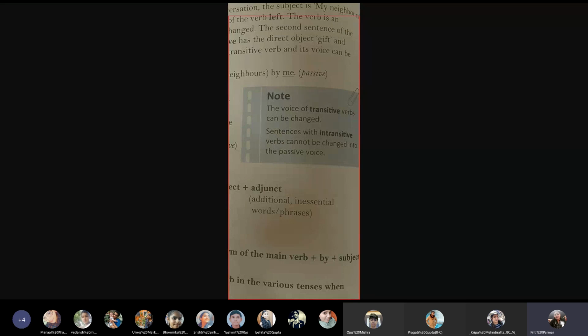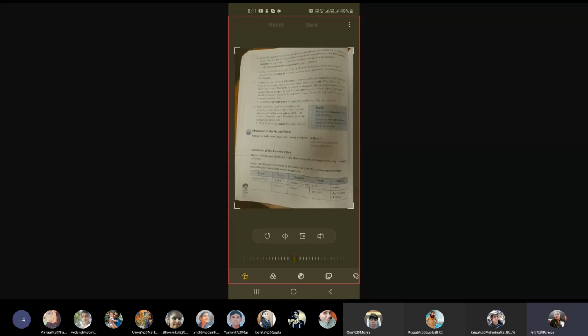Okay. So now the basic structure. Now what you will write is this. You will write the heading active, passive, and then you will write this, and you will write this. Okay?